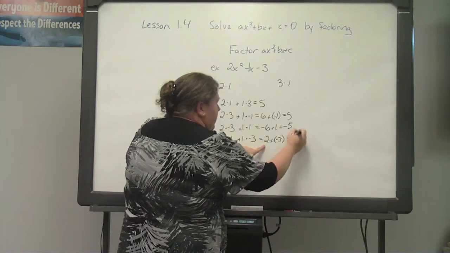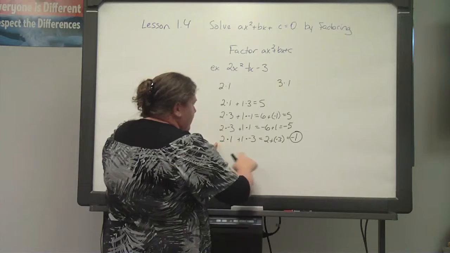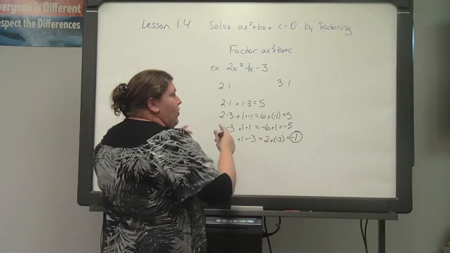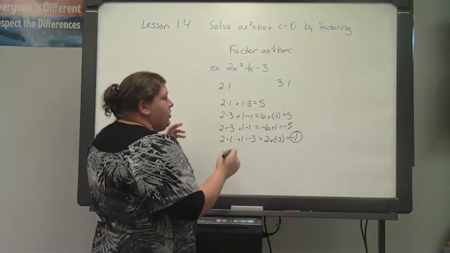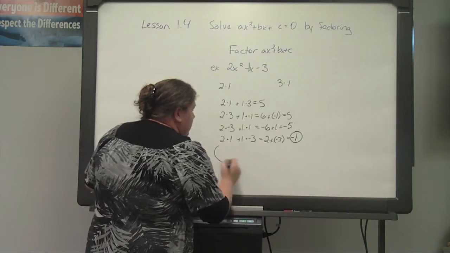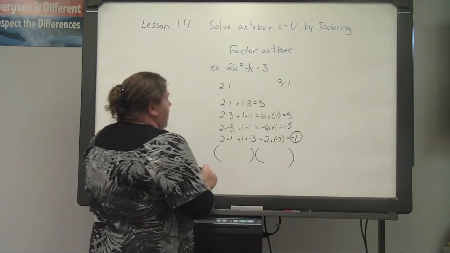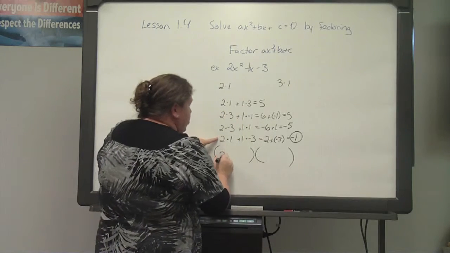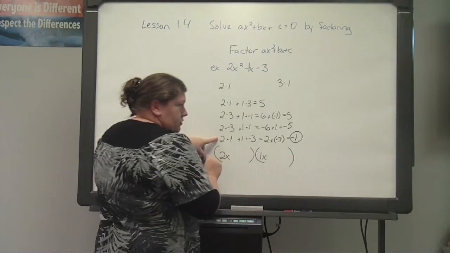So this right here is what I want, and so I know that this is the way that I have to multiply. But when you put them in parentheses, remember, in factored form you have parentheses. So I will put my parentheses, and I have found that I have 2 times 1, so I can say 2x times 1x.